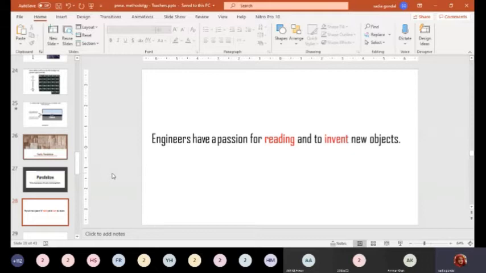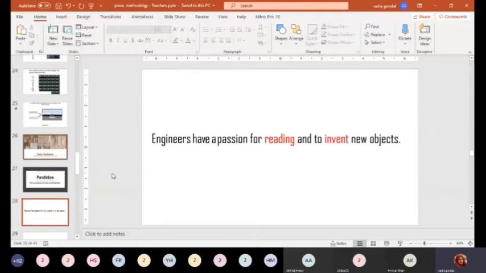Parallelism, as we've just discussed, is ordering the sentences, bringing more clarity in our thought and in our description of the words. Yes, very good, excellent. Now notice this. Engineers has a passion for reading and to invent new objects.